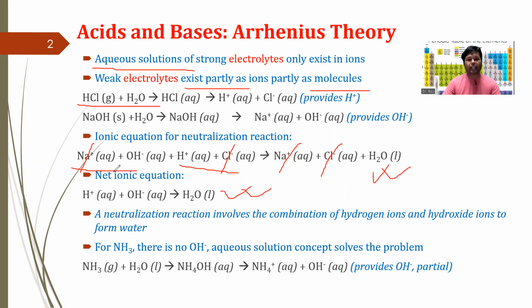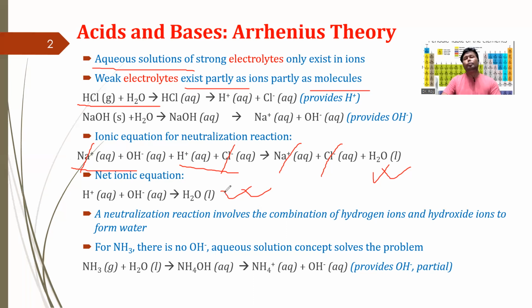For any strong acid and strong base, we will have exactly the same type of reaction. We may consider sodium hydroxide with sulfuric acid, or sodium hydroxide with nitric acid.